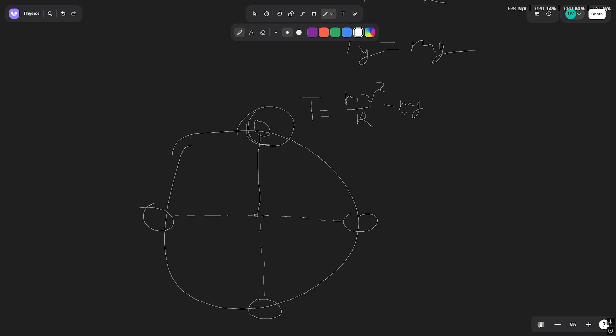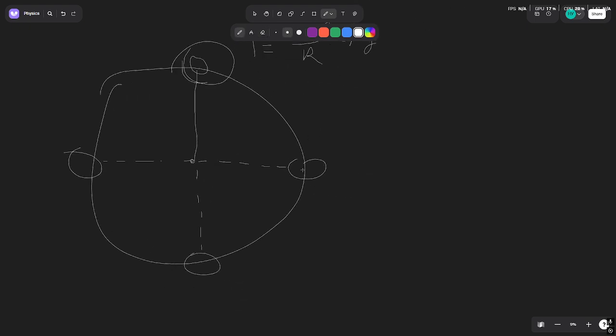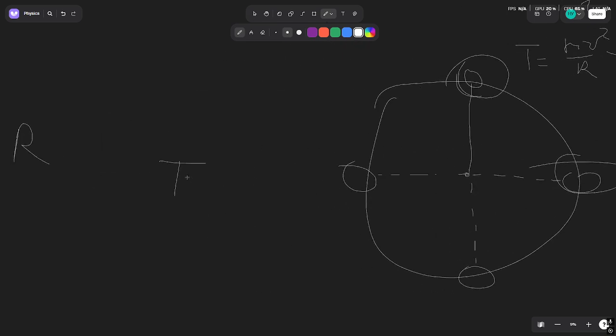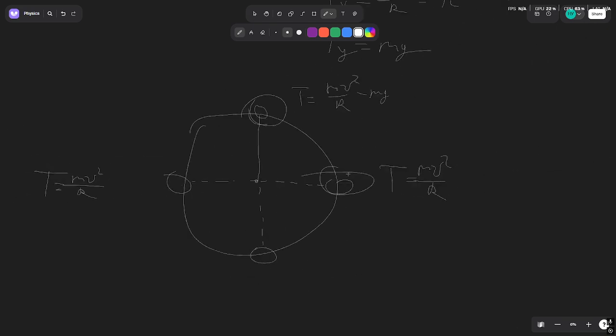It will go down soon using a free fall. So this is why minus mg. At the middle of the circle, tangent equals mv squared divided by radius. And the same case here, tangent equals mv squared divided by radius, because it's literally in the middle and we don't need to use mg.